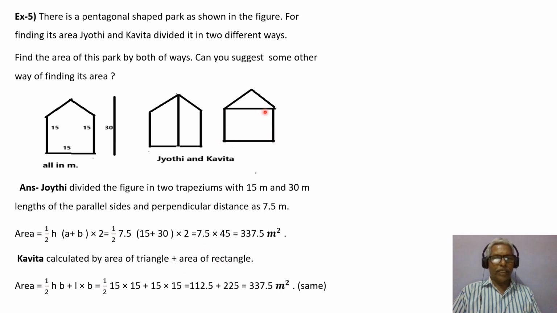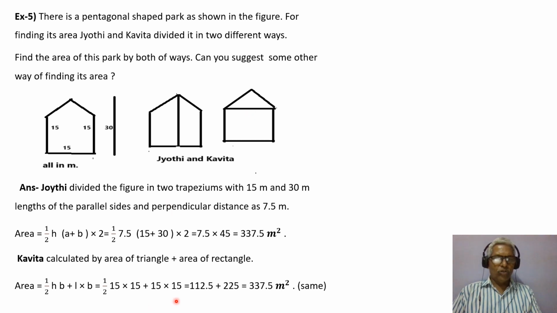Now we have base, height, length and breadth, everything. So the area is half into h into b for the triangle, plus l into b for the rectangle, which is half into 15 into 15 plus 15 into 15. The area of the triangle is 15 into 15 multiplied by half.